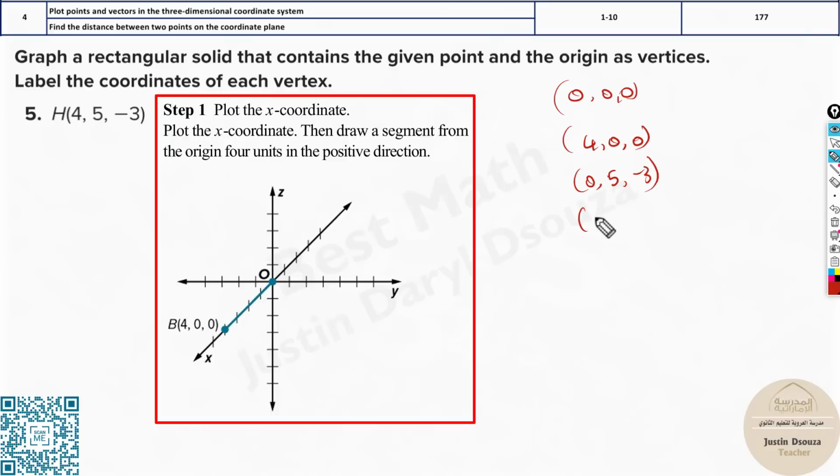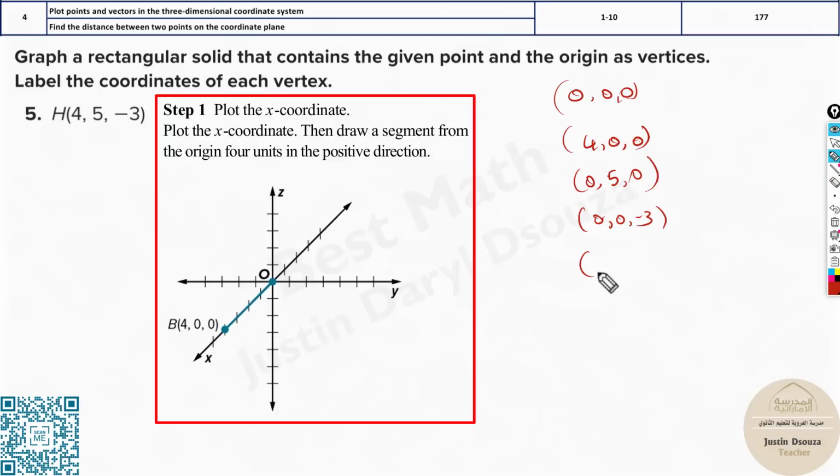And lastly we have, okay, I've made a mistake. This should be 0. Now this is again 0, 5 and -3. I always like to take one, two zeros at, okay, now again I've made a mistake. This is 0, 0 and -3. So what I like to do is start with 2 zeros, 0, 0 and -3.